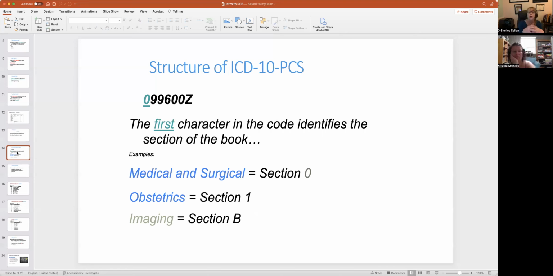So the structure, as we just went through, but I just wanted to reinforce it a little bit. The first character of the code always identifies the section of the book. So you know that if it starts with a 0, that's medical surgical section. If it starts with a number 1, it's obstetrics. If it starts with the letter B as in boy, it's imaging. Okay, etc., etc. In the front of your book, you have the whole list.